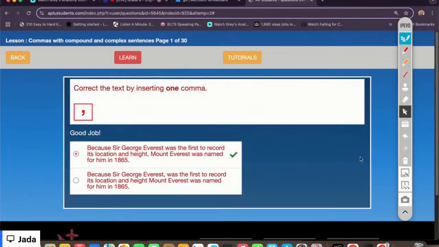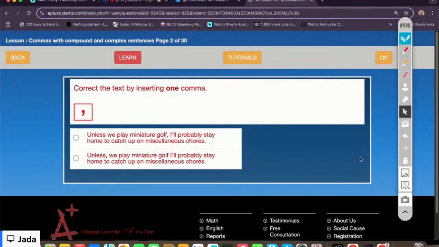Alright, so we have the first. So unless we play miniature golf, I will probably stay home to catch up on miscellaneous chores. First or second, insert one comma.